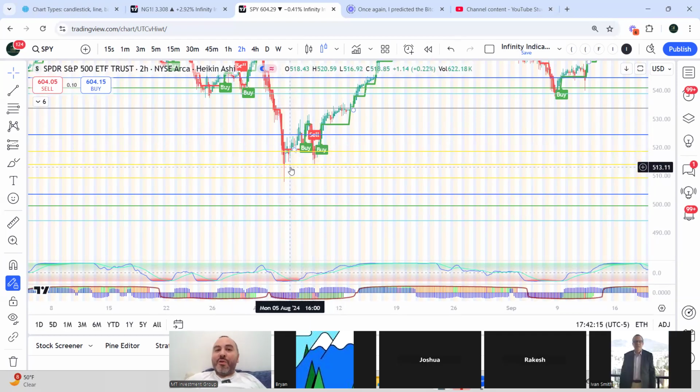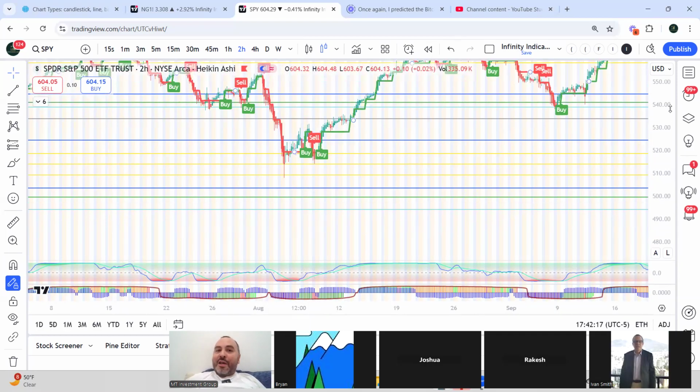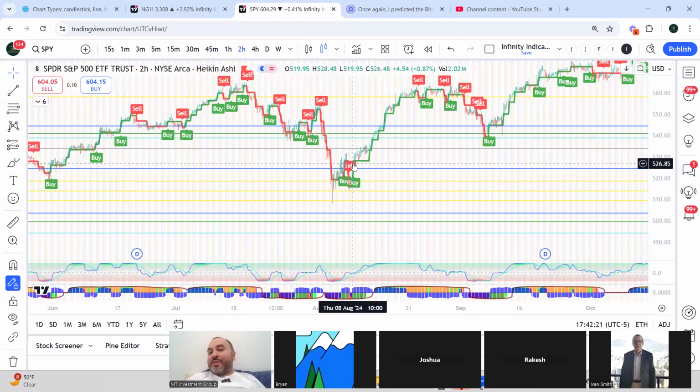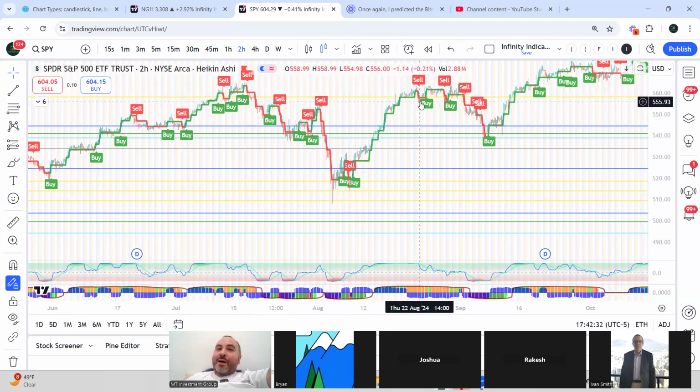So you know you're getting an entry here. And again, you can essentially just ignore the bad sell signal here, in this case at least, because you know you're heading up. The Fibonacci is so accurate, from what I've seen and from what I've been shown.